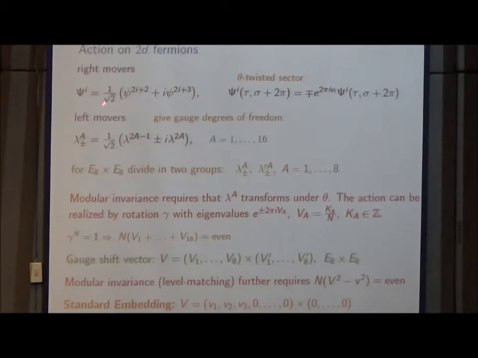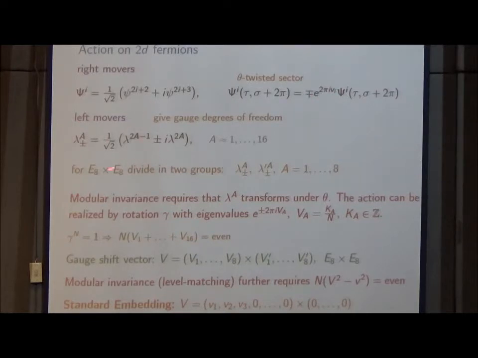Since this is like a vector index, this boundary condition will have again these phases, plus the usual minus and plus of the Neveu-Schwarz and Ramond. Notice here, by the way, that for the Neveu-Schwarz, where you have this minus, you can absorb this minus in the v by adding 1/2. This is a useful thing to remember later.